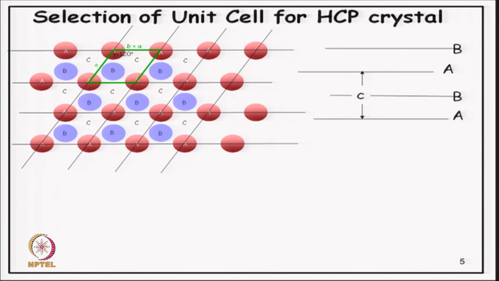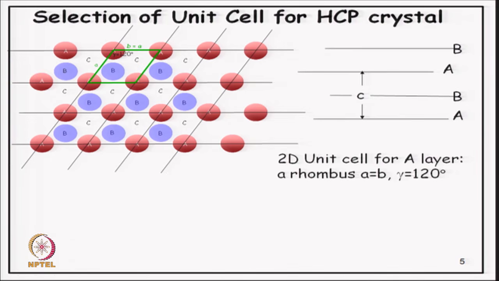So, this is a rhombus, this is a 2D unit cell, which is a rhombus with a equal b, the two sides are equal. In fact, remember that this is a close packed structure and the two atoms along this length, along a or along b, are touching. So, both of them are equal to twice the radius, or the diameter of the sphere.